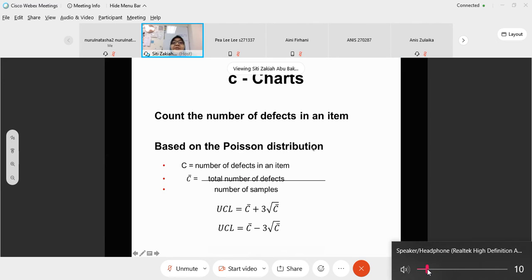The C chart counts the number of defects in an item based on the Poisson distribution. C equals the number of defects in an item. C bar equals the total number of defects over the number of samples. This is the formula we looked at.